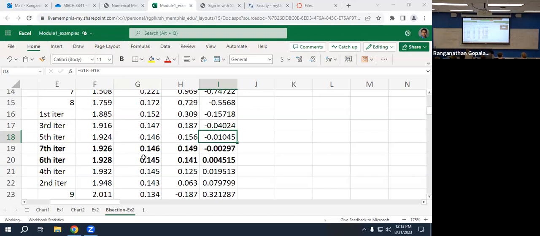Different example, okay. All right, let's do this problem.